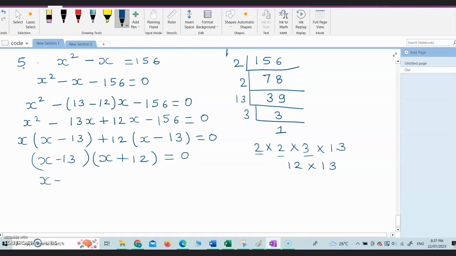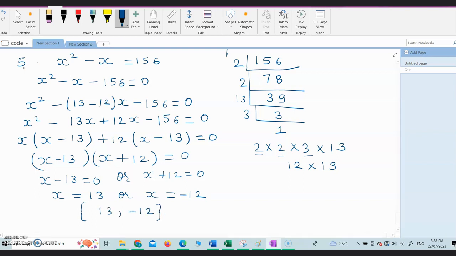So x minus 13 equals 0 or x plus 12 equals 0. In the first case, x equals 13, or in the second case x is equal to minus 12. So our solution set will be 13, minus 12. So this was our fifth question.